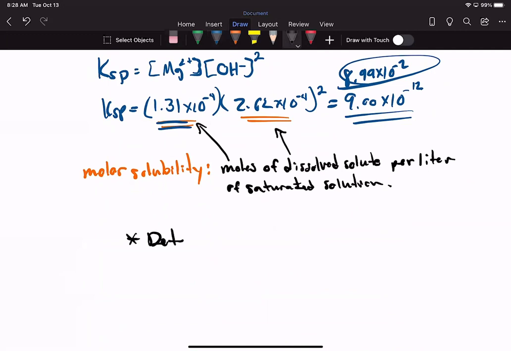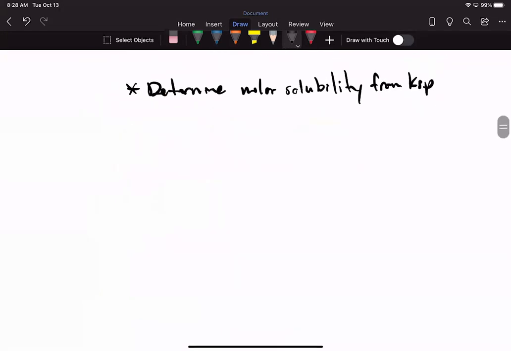So let's determine molar solubility from KSP. Let me give you a KSP value. The KSP of silver iodide is 1.5 times 10 to the minus 16.